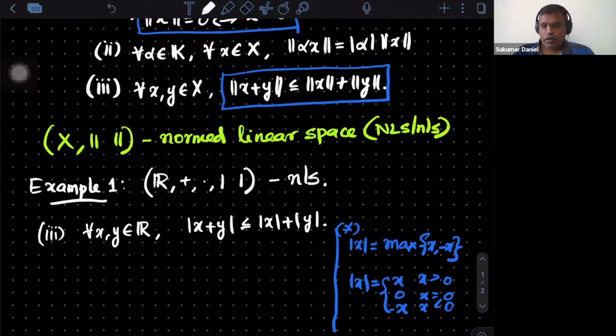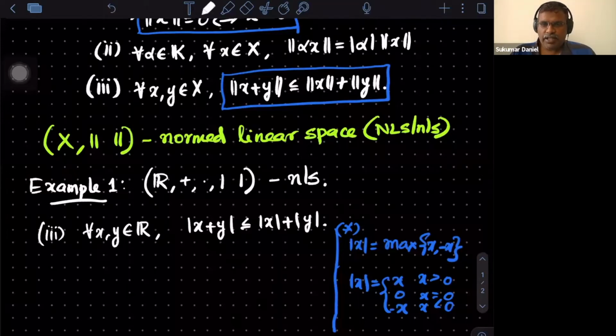So in that sense, if I want to show that for all x and y this inequality is true, remember this kind of idea will keep on recurring in this whole course. That's why I am doing this a little slowly, so that you are aware of what we are doing. So to show that mod of x plus y is less than or equal to mod x plus mod y, do you agree with me that, if the left hand side is mod of x plus y, that means by definition it is the maximum of x plus y or minus of x plus y, which is minus x minus y.